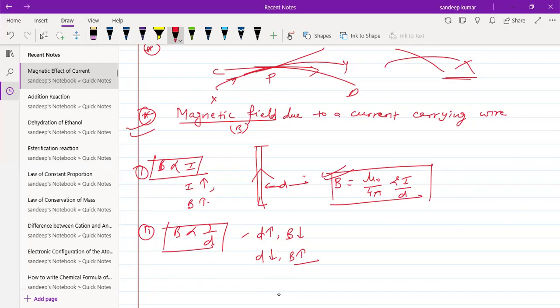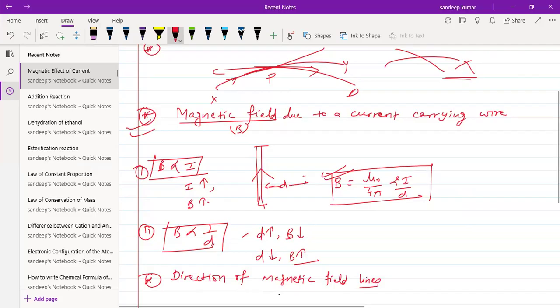Now we will learn the direction of magnetic field lines by the right hand thumb rule.